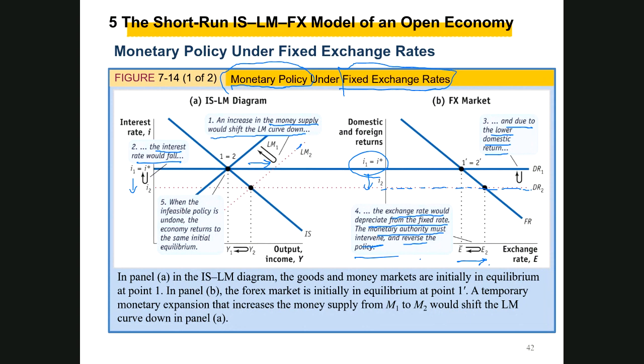But you cannot do so because you are under a fixed exchange rate regime. So you are going to shift back your monetary policy. So your expansionary policy first comes here, and you are going to shift back. So the new equilibrium will be the same.